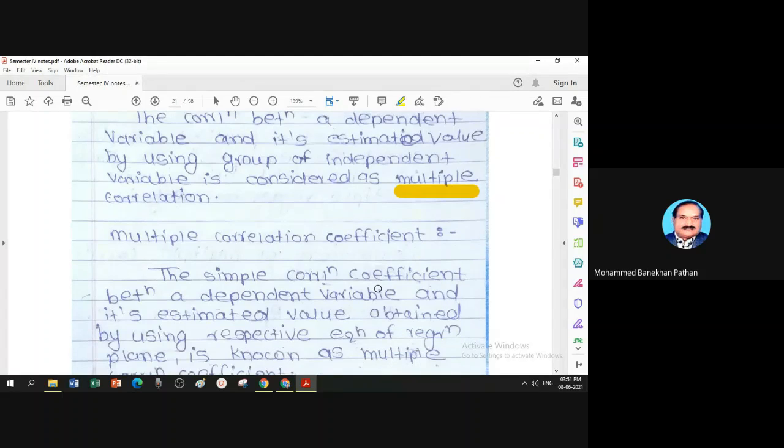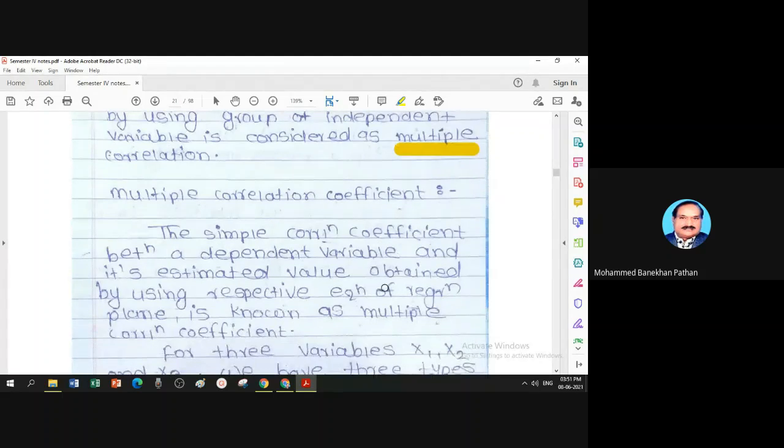After having a concept of multiple correlation, we can try to define the multiple correlation coefficient. A coefficient is a numerical value, and multiple correlation is a description of the relation between a dependent variable and a group of independent variables.